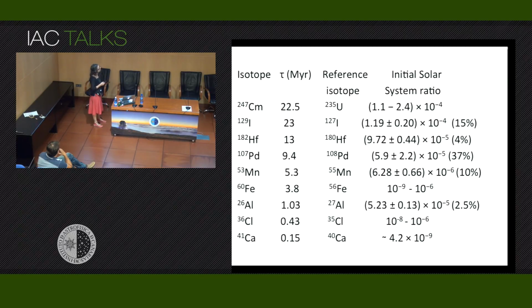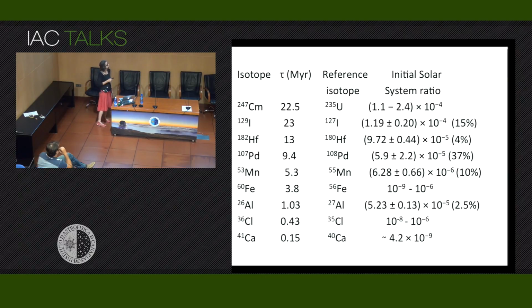As I said, the list is maybe twice as long, but these are interesting because it already shows how much variety we have in these nuclei. So we have both nuclei that are quite light, so the 26 aluminum, for example, its mass is quite low. But then we go to nuclei like curium 247, so this is extremely heavy.